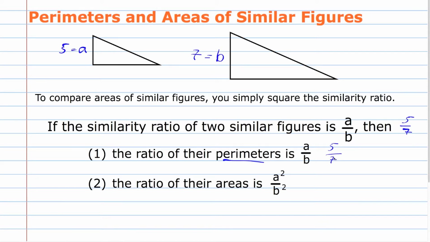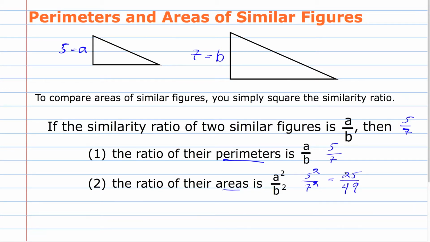Perimeter is just the sum of the lengths of the sides, or the similarity ratios, if you will. And here, the ratio of the areas is a squared over b squared. In this case, a squared, we could write that as 5 squared, and b squared as 7 squared. And we can simplify that by evaluating the squares, 5 squared being 25, and 7 squared being 49.